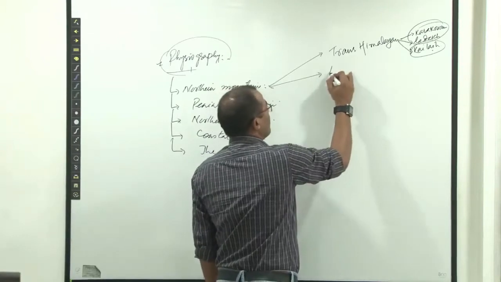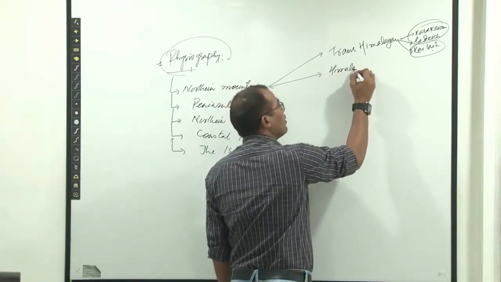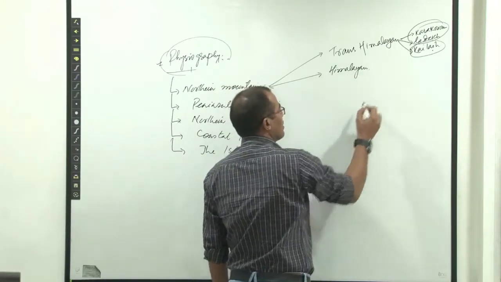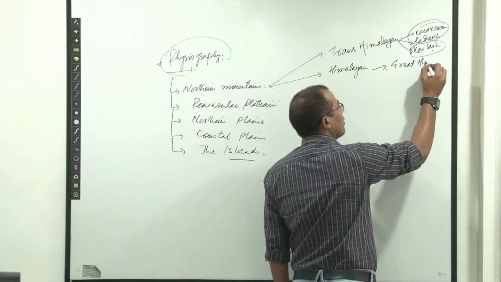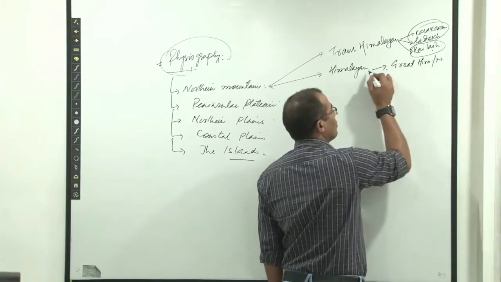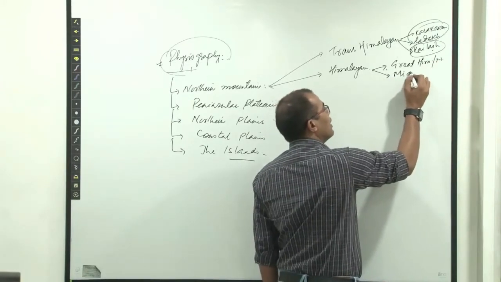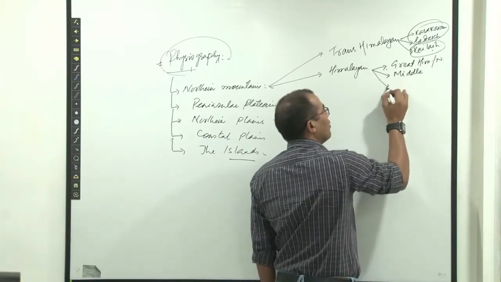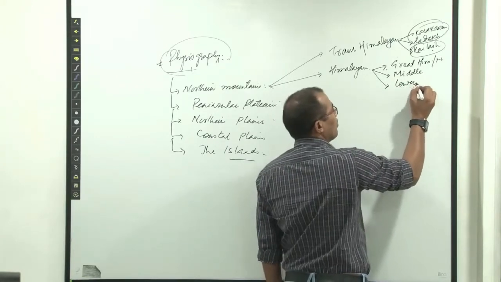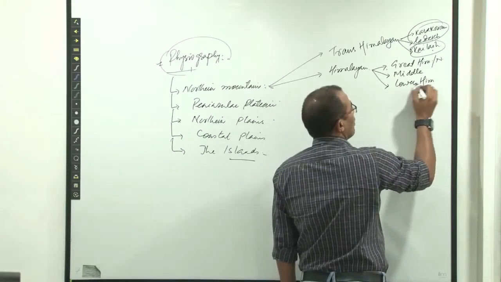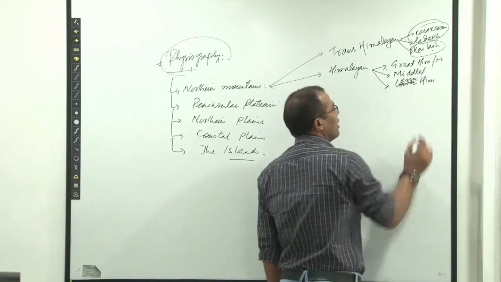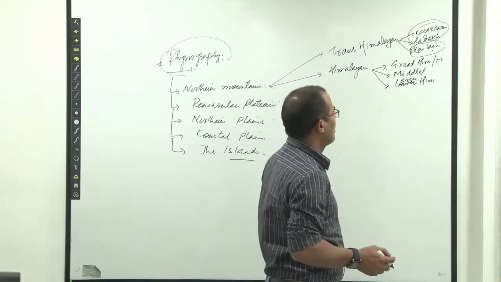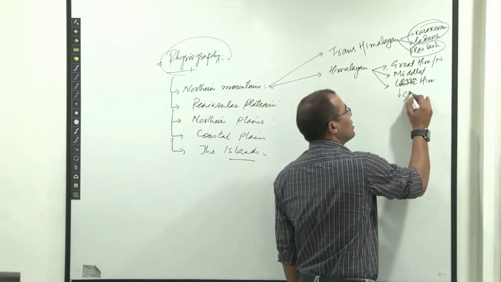Then we have a Himalayan mountain or Himalayan system that includes Great Himalaya, that is north to south, and we have Middle Himalaya, and then we have Lower Himalaya, Lesser Himalaya. Middle is also called lower also. Lesser Himalaya, and this is also called Shivalik.